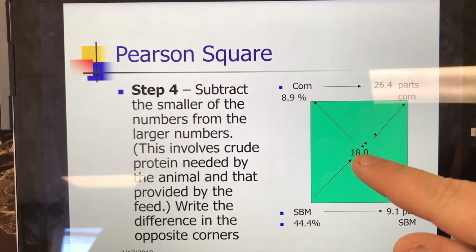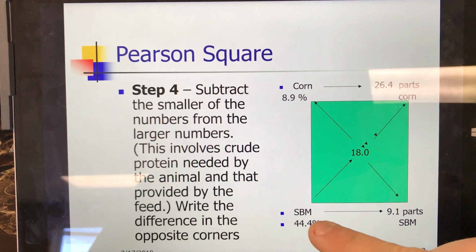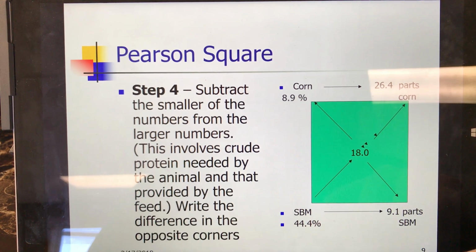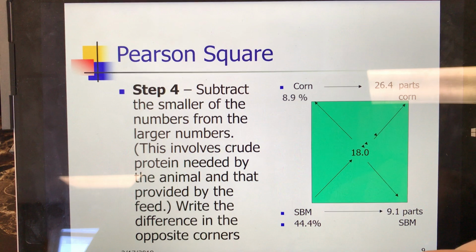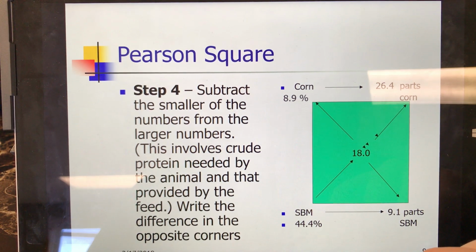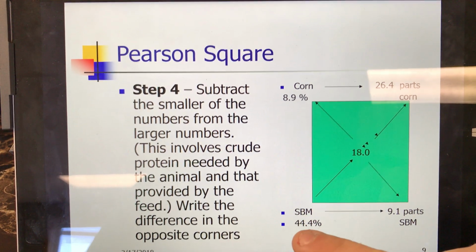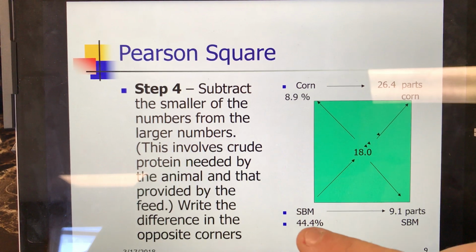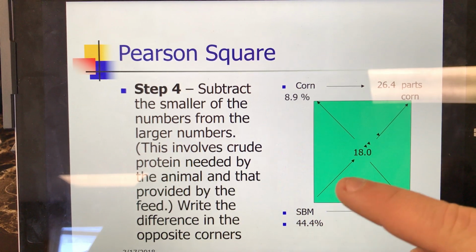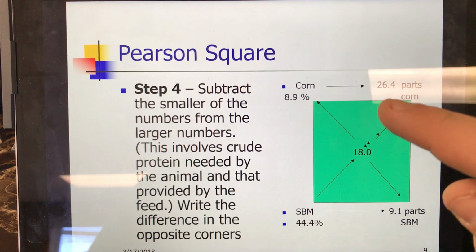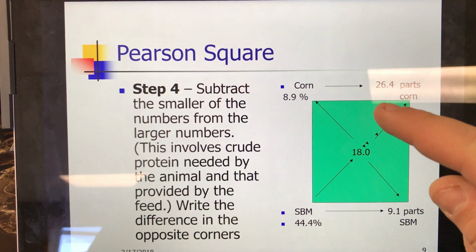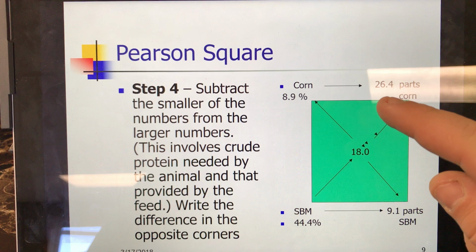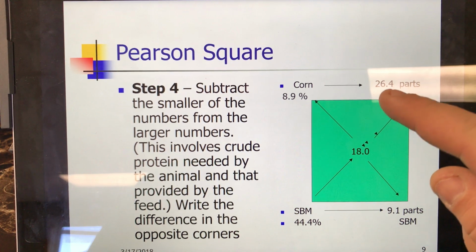Since this number is smaller than this number, and if you read step 4, it states that we need to subtract the smaller of the numbers from the larger. So since 44.4% is larger than 18, we take 44.4, subtract 18, and that gives us our final number up here in the upper right hand corner, 26.4.